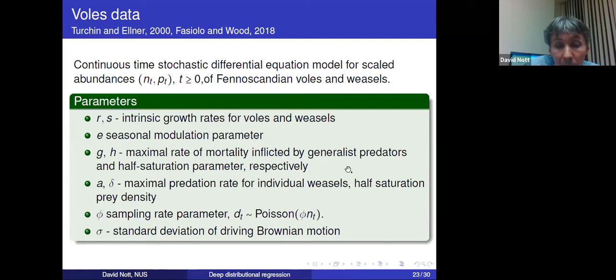In the model, there's a separate treatment of the weasels and other generalist predators. There are 2 parameters describing the behavior of generalist predators and 2 parameters describing the behavior of the weasels.